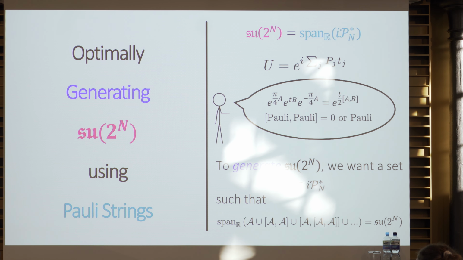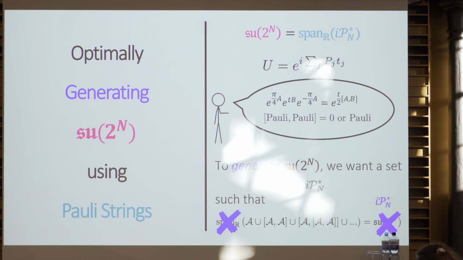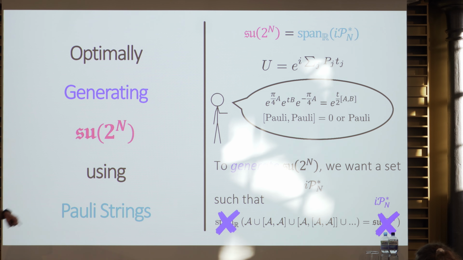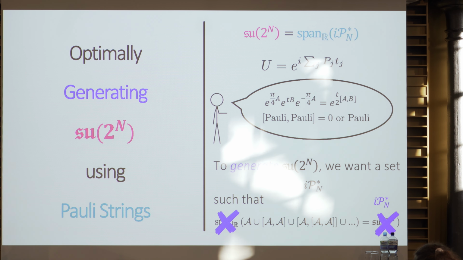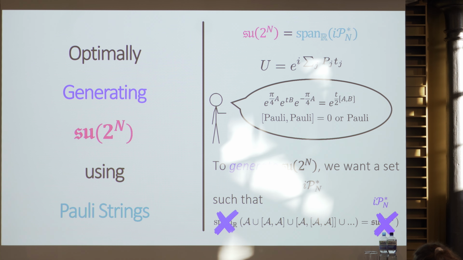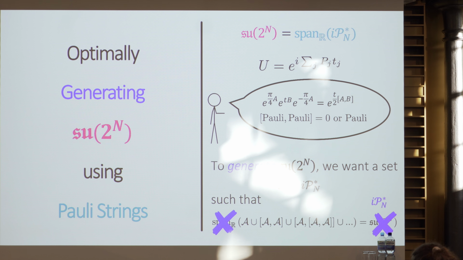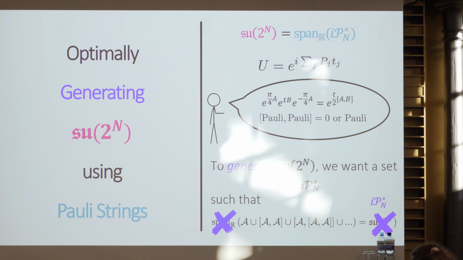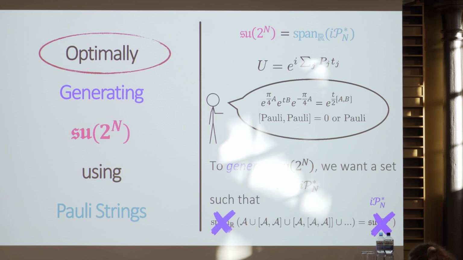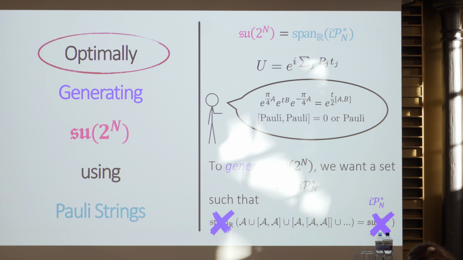We can make one simplification, since we know it's a basis: let's just remove the span. Let's just look at the commutators of commutators and see how many we need to generate the whole Pauli group, so every element. So this is where we start. Okay, I hope you're still with me. And now the rest of the talk will basically be about doing this optimally.